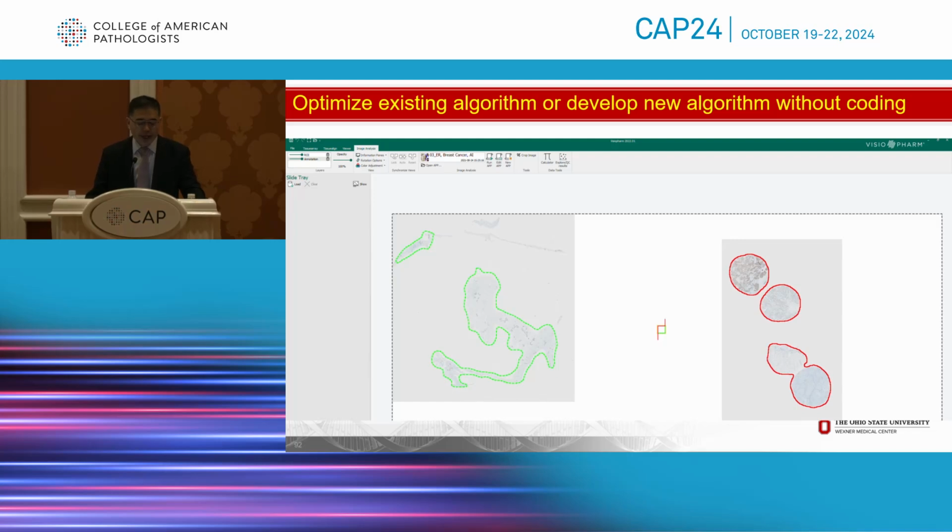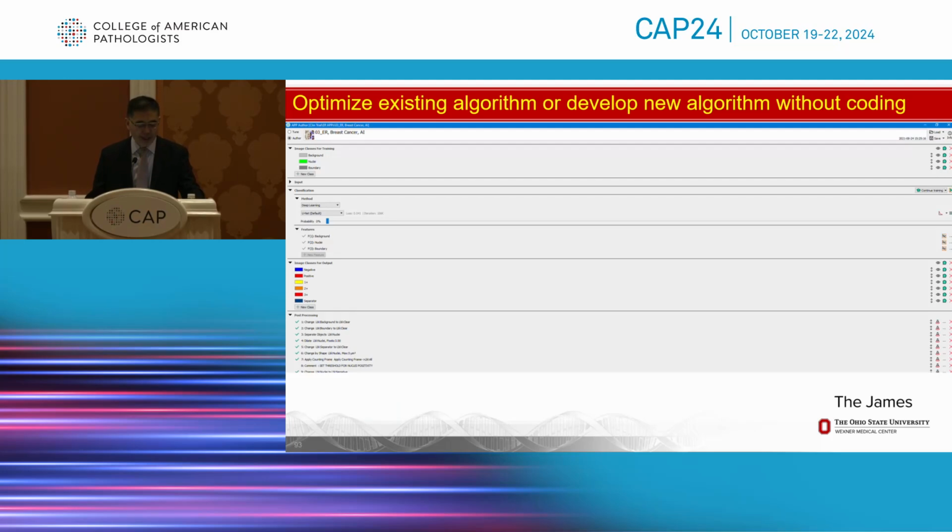So in this AI platform, you can further optimize the algorithm using your own slides or your own data. There is a process called algorithm optimization. You can upload your own slides, then optimize this algorithm, then finalize the algorithm specifically for your lab to do a more accurate analysis.